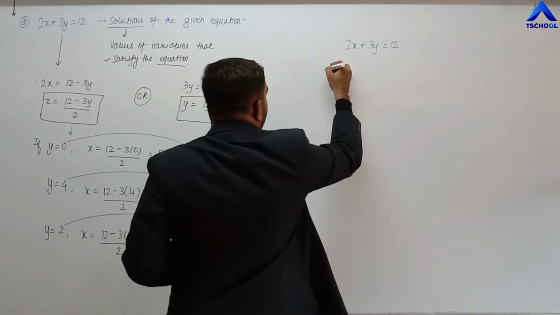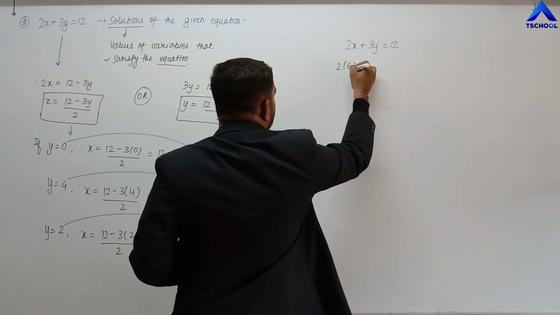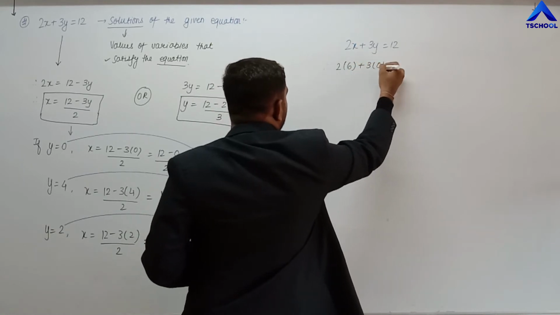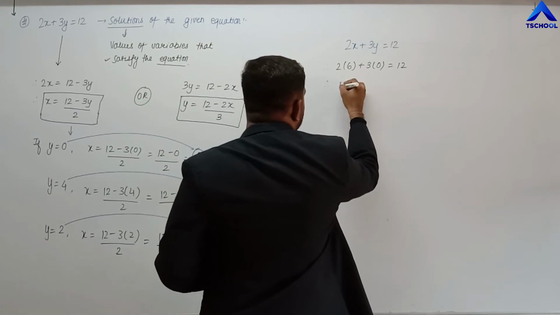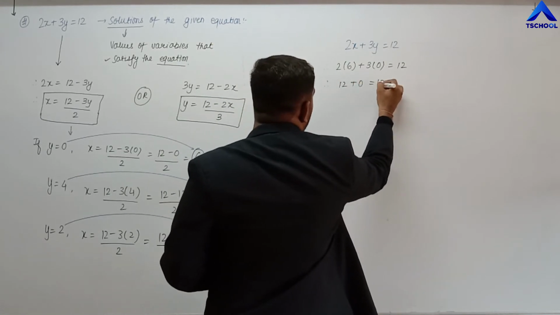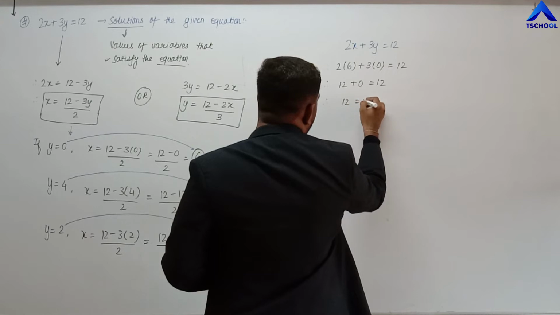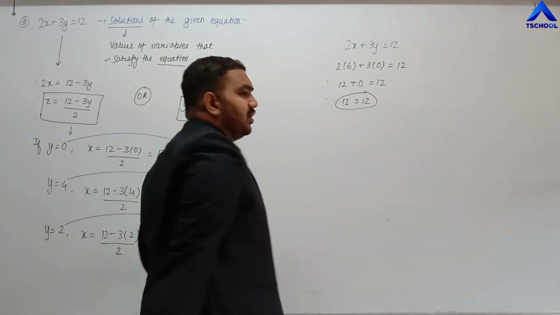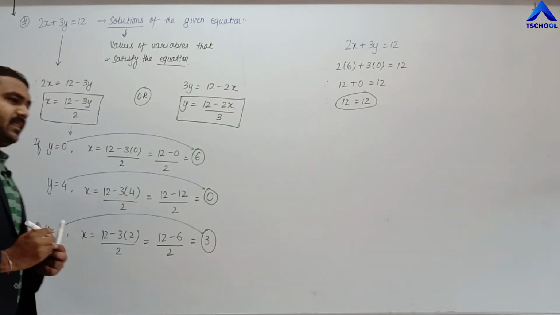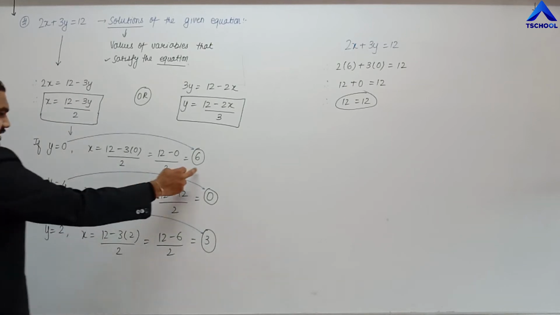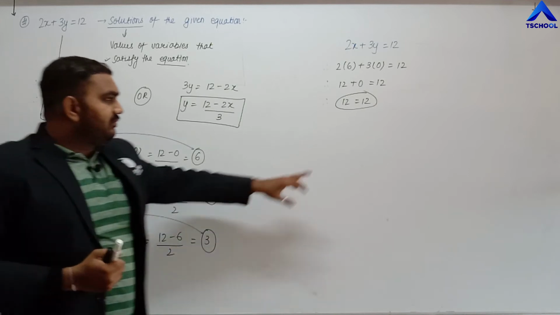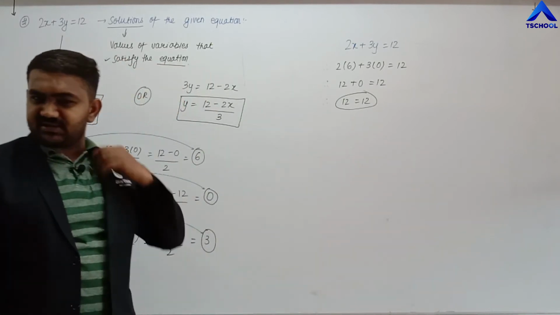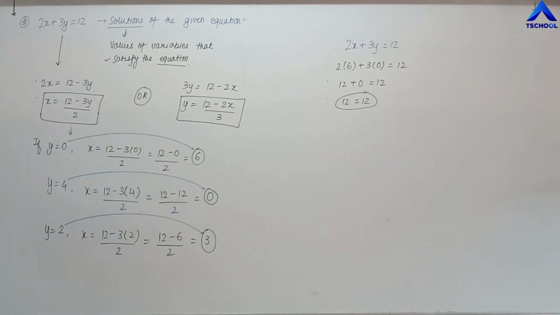So therefore 2 into 6 plus 3 into 0 is equal to 12. 2 into 6 is 12, plus 0, 12, and hence 12 is equal to 12. We verified that if I take x equals to 6 and y equals to 0 in this equation, then also we get the same answer on both sides.